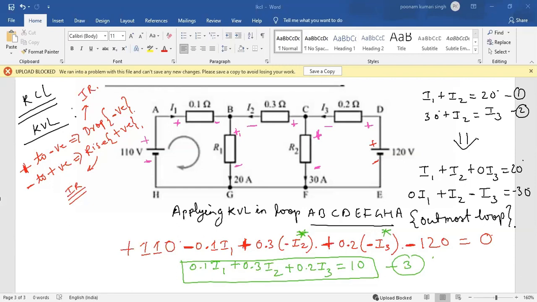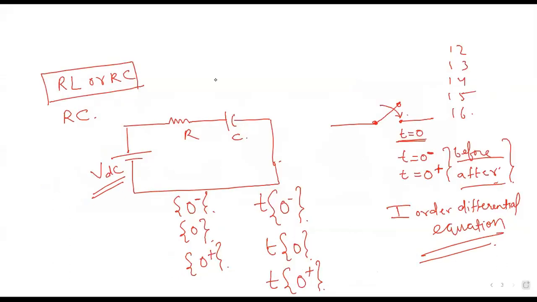Now you are left with the equations. I'll just write them down again. I'm left with I1 plus I2 is equal to 20.